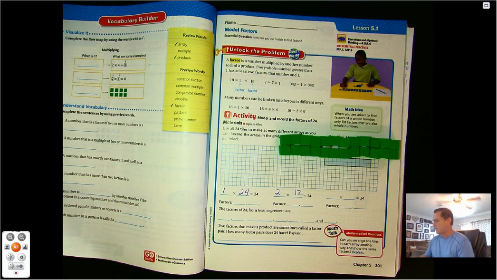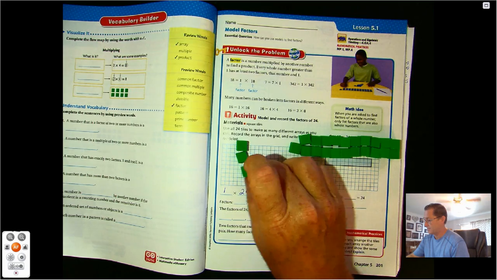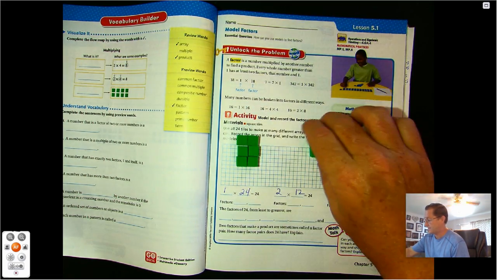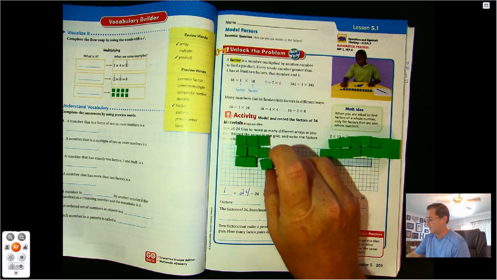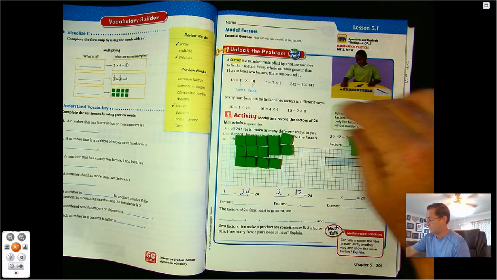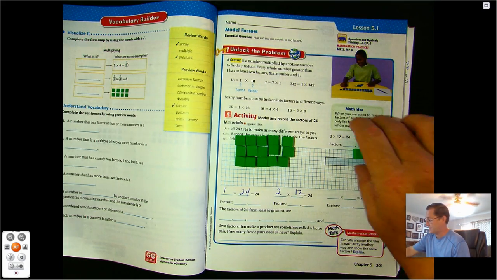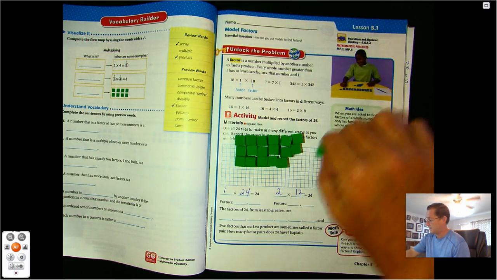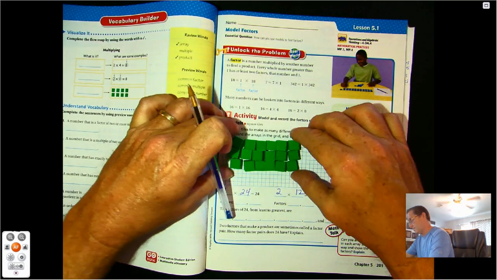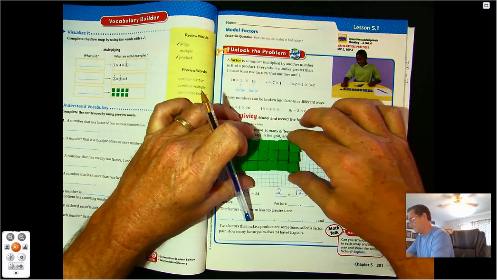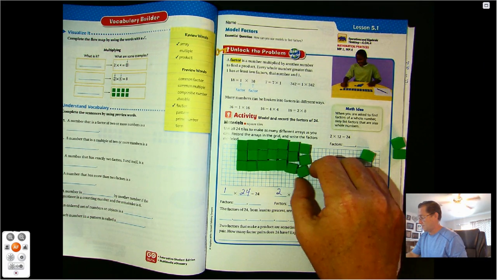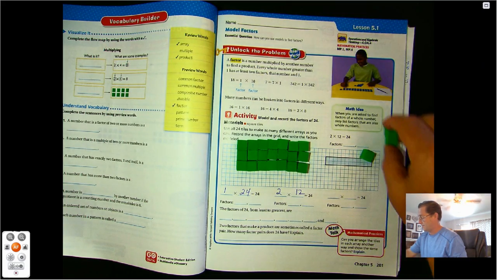How about 3s? Can we try 3s? Let's see. 3, 6, 9, 12, 15, 18, 21, 24.